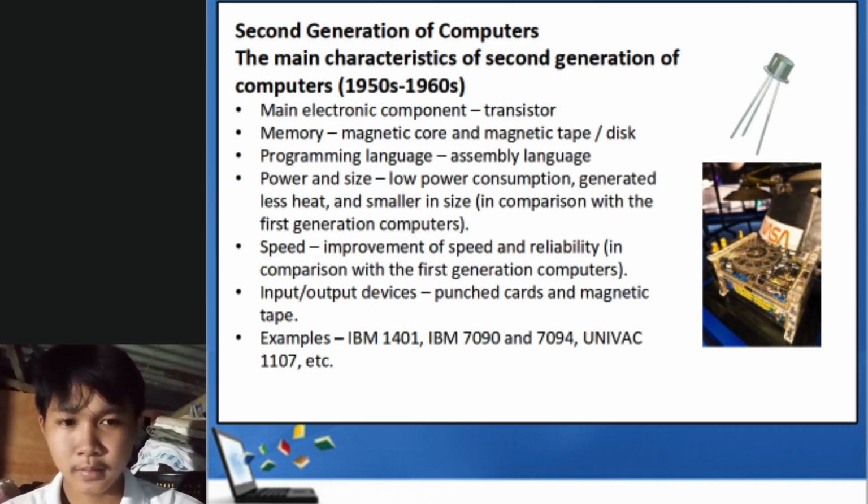Speed: improvement of speed and reliability in comparison with the first generation of computers.